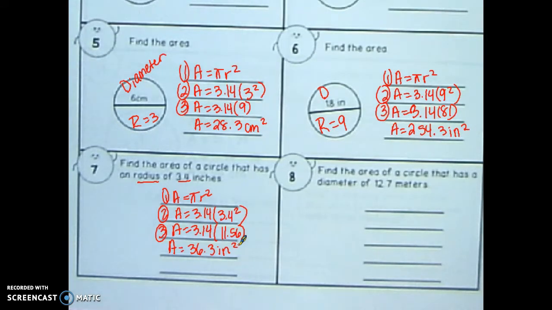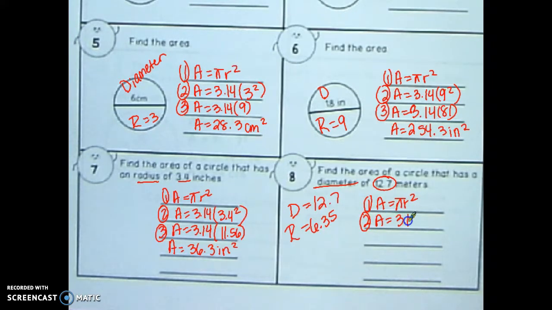Number 8, find the area of a circle that has a diameter of 12.7. It's the diameter, so I need to divide 12.7 by 2 to find the radius. My formula is area equals pi r squared.